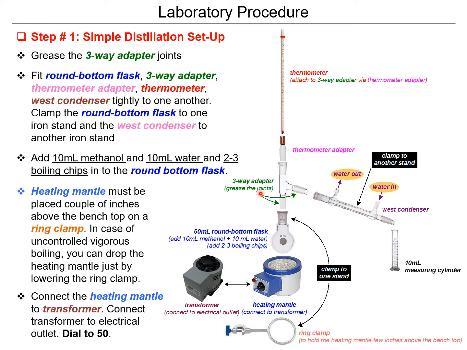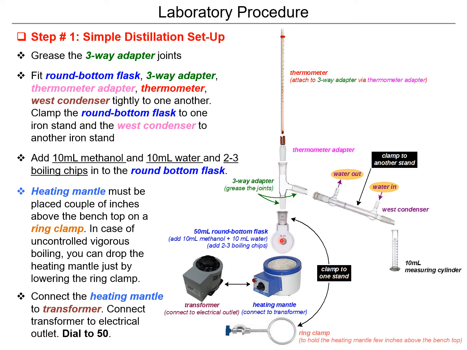Okay? You start the experiment then by adding 10 milliliters of methanol and 10 milliliters of water into the round bottom flask. And you add 2 to 3 boiling chips. Boiling chips are basically these little black rocks. And they are necessary because if you don't add them, you'll end up getting a superheated fluid here, right?